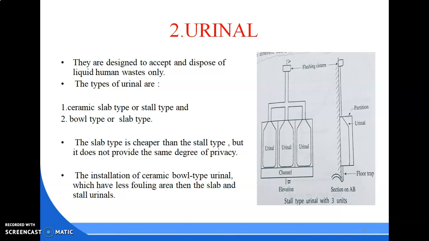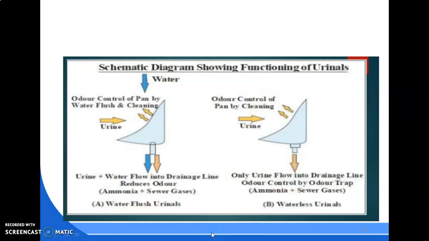The slab type is cheaper than the stall type, but it does not provide the same degree of privacy. Ceramic bowl type urinals are also installed, which have less fouling area than the slab and stall urinals. This is a figure which shows stall type urinals with 3 units. This is the total schematic diagram showing the functions of urinals.